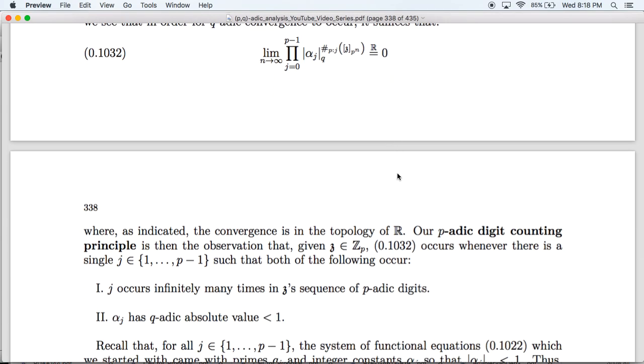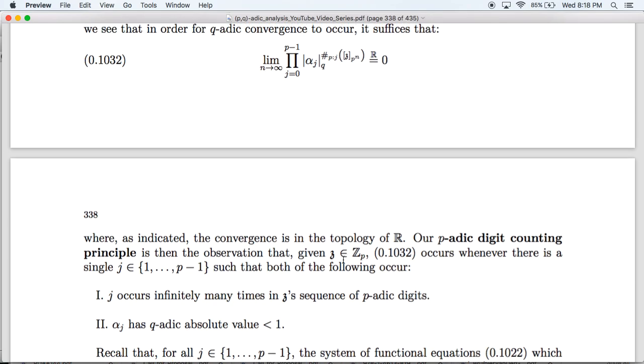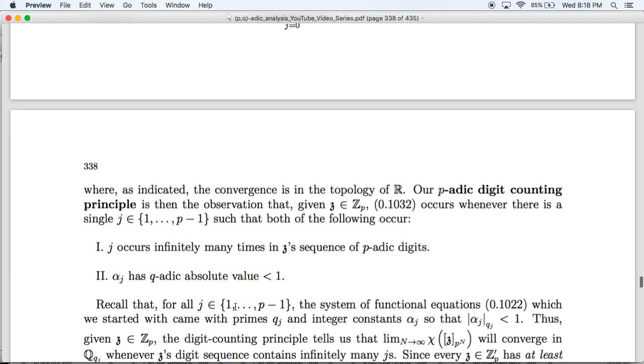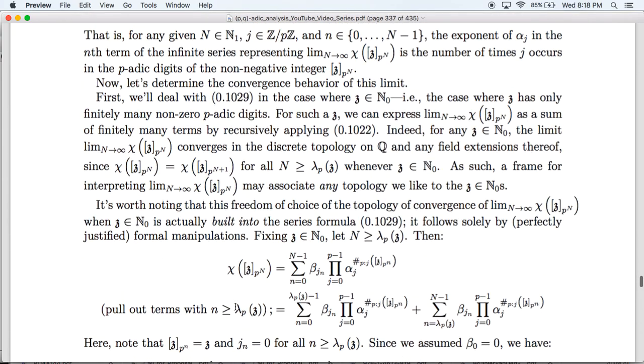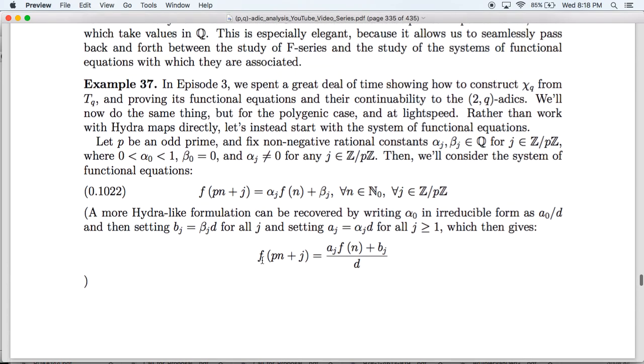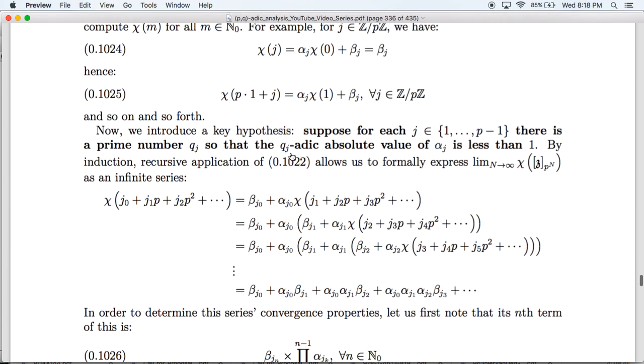Indeed, the p-adic digit counting principle is our observation that z in Z_p will be in Z_p' whenever there is a single j such that both of the following occur: j occurs infinitely many times in z's sequence of p-adic digits, and alpha_j has a q-adic absolute value less than 1. So the idea is, recall we picked our alpha_j's so that each alpha_j was divisible by a prime number q_j, so that alpha_j's q_j-adic absolute value would be less than 1.